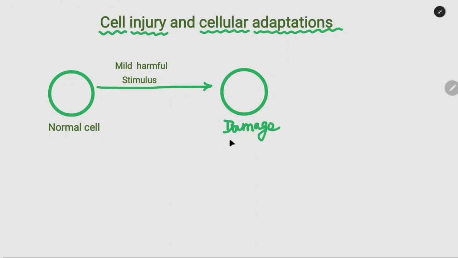But this damage is very mild in nature, such that when the harmful stimulus is removed, the cell can easily repair this damage and convert into the normal cell and gain its normal functioning. So this type of injury is called reversible cell injury.